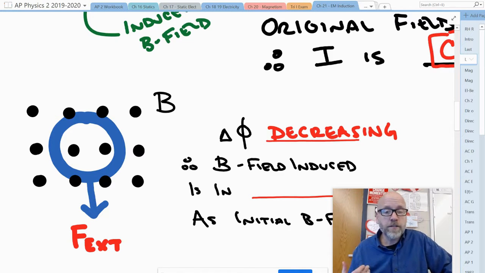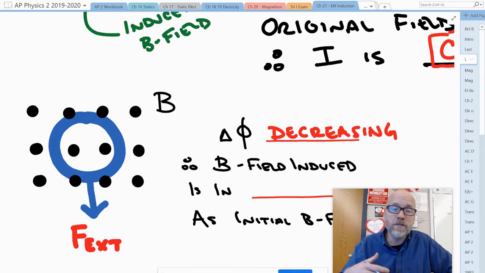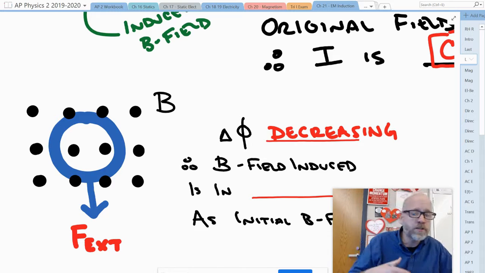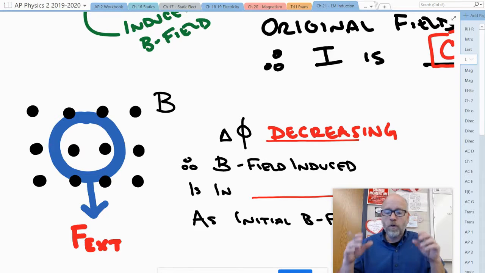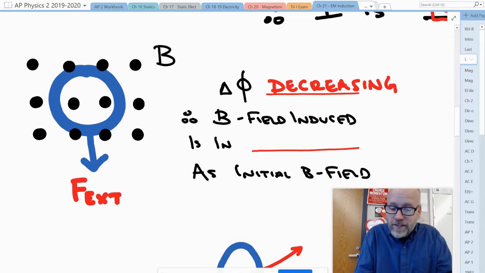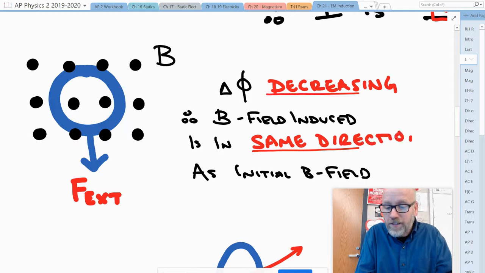If the flux decreases, Lenz's law said the B field induced will oppose the change in flux, or basically be in the opposite direction of the change in the flux. So if the flux is decreasing, the B field induced is in the same direction. It's opposing the change in the flux.